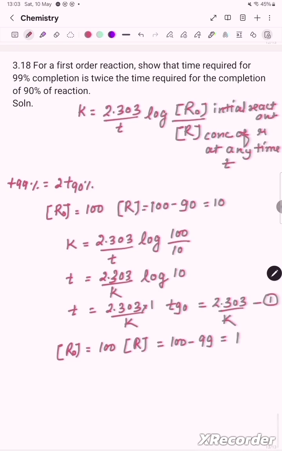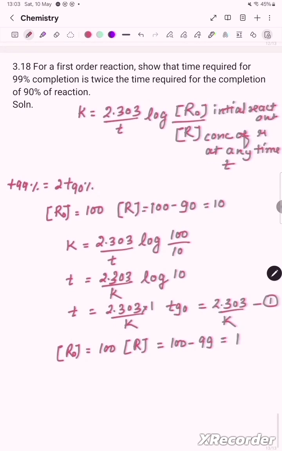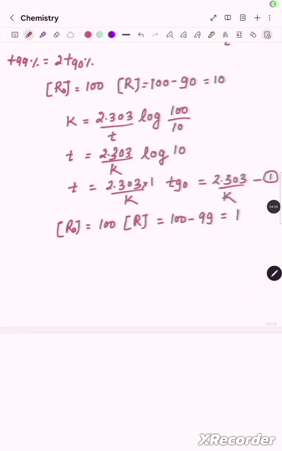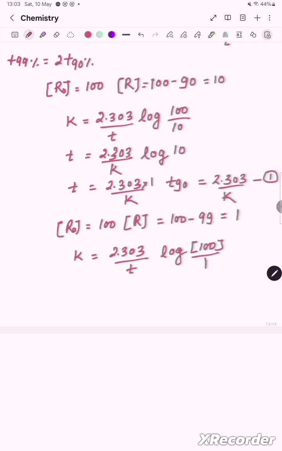So we calculate similarly from first, that is K is equal to 2.303 upon T log initial reactant 100 and remaining reactant after 99%, that is 1. So we have to calculate time.